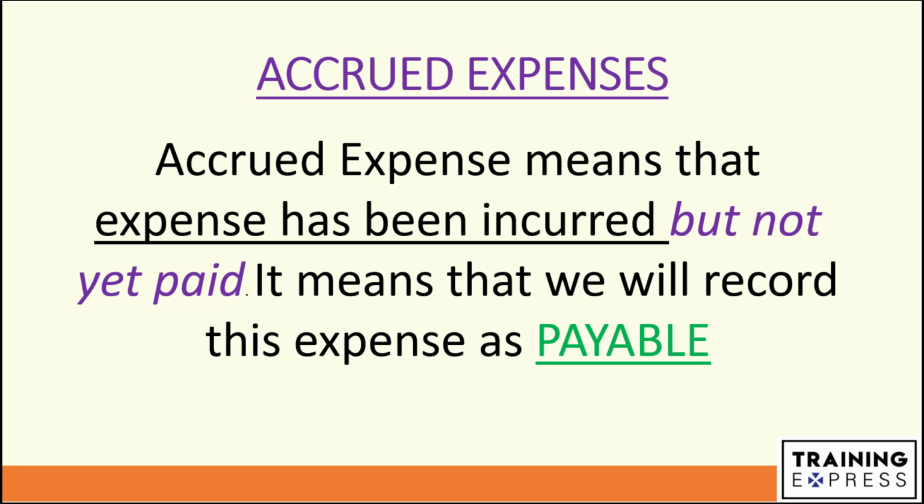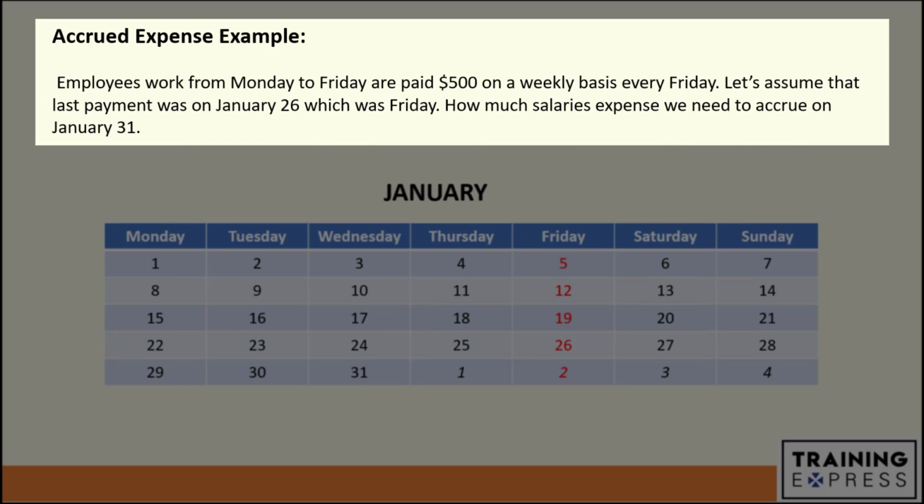Having discussed the concept of accrued revenue, now let's talk about accrued expenses. Accrued expense means that expense has been incurred but not yet paid. It means that we will record this expense as payable. Now let's look at our first example of accrued expense.